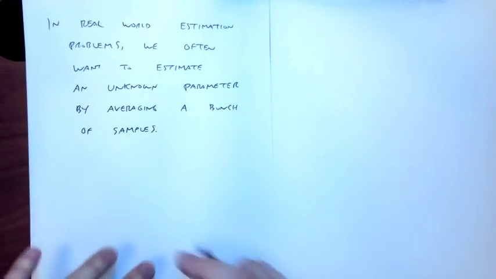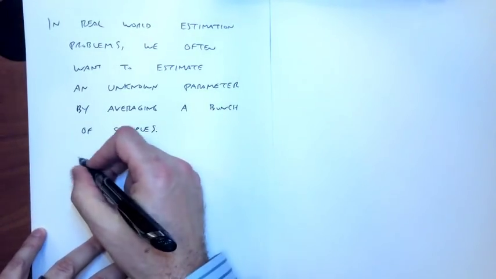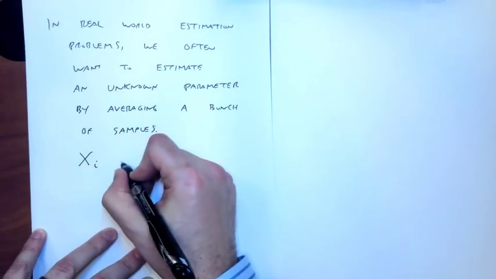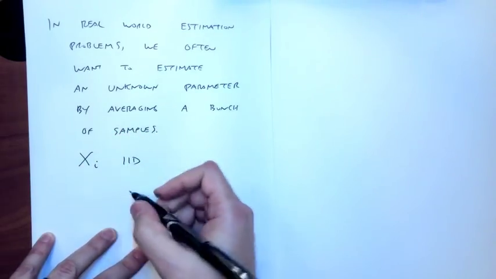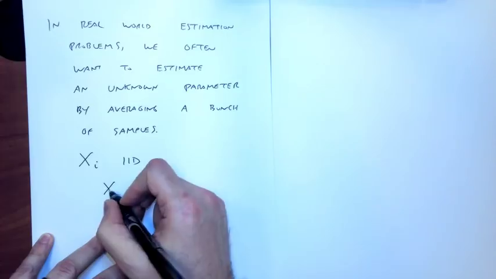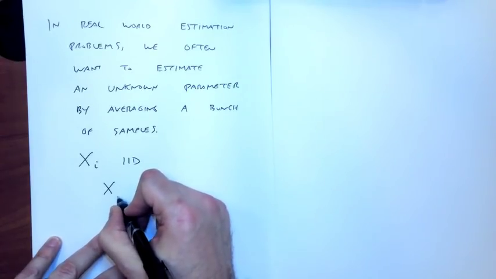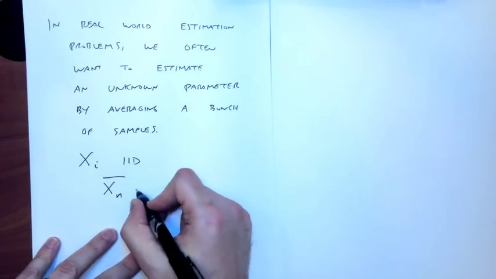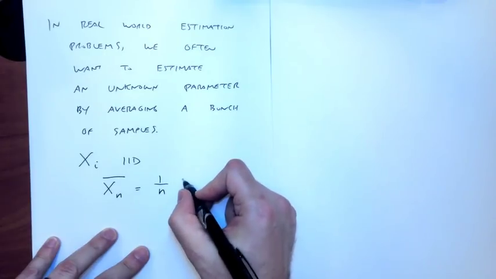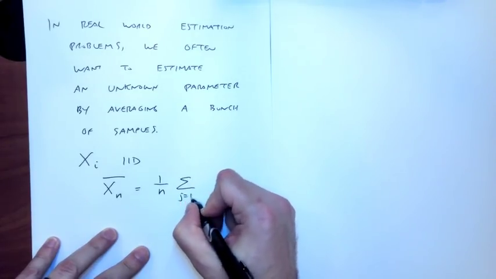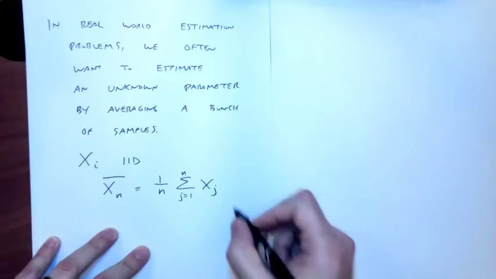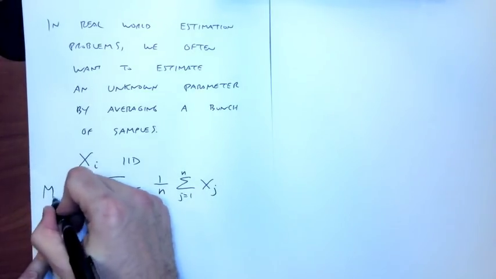Okay? That is to say, suppose that I have a set of IID random variables, and I compute the mean. And I'm just going to show you, this is the same as Mn, right? This is nothing more than different notation for Mn.